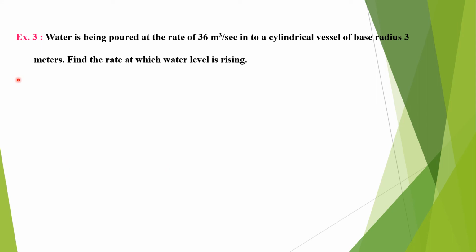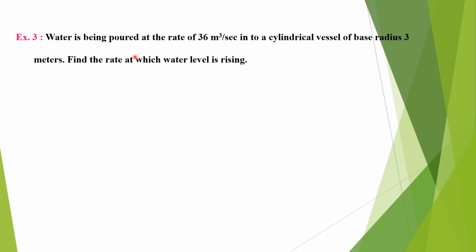Example 3. Water is poured at the rate of 36 meter cube per second into a cylindrical vessel with a base of radius 3 meters. Find the rate at which the water level is rising.